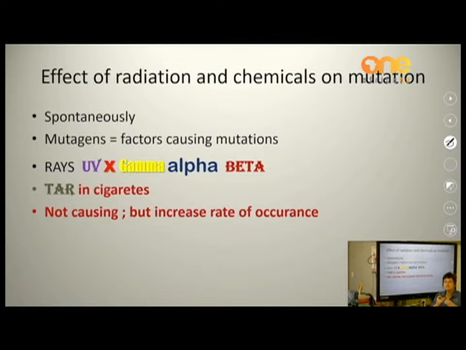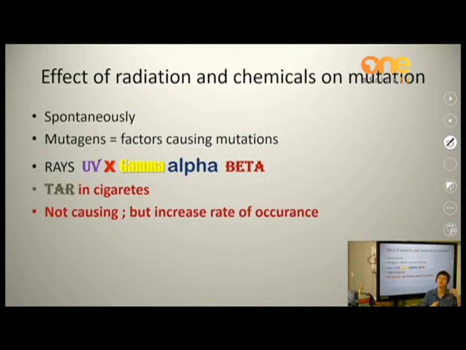It keeps on dividing, which means the message, the command for the cell to stop dividing and start with its normal functioning is wrong. That will be a message from the genes that is wrong. So cancer is a mutation.